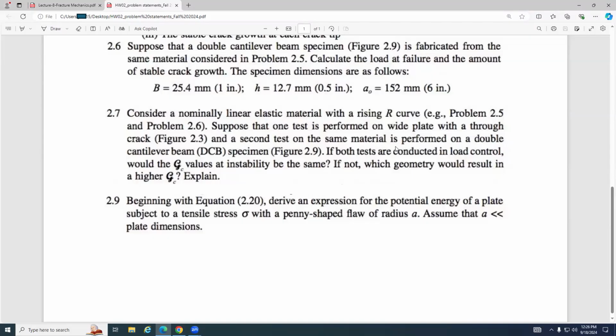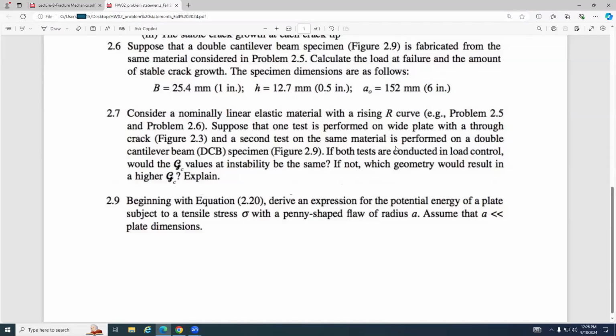For potential energy, we have the derivative with respect to A, where A is the crack surface, with a minus sign, and this equals dWs, where Ws is the work required to create the two surfaces, divided by the derivative of the crack face area.